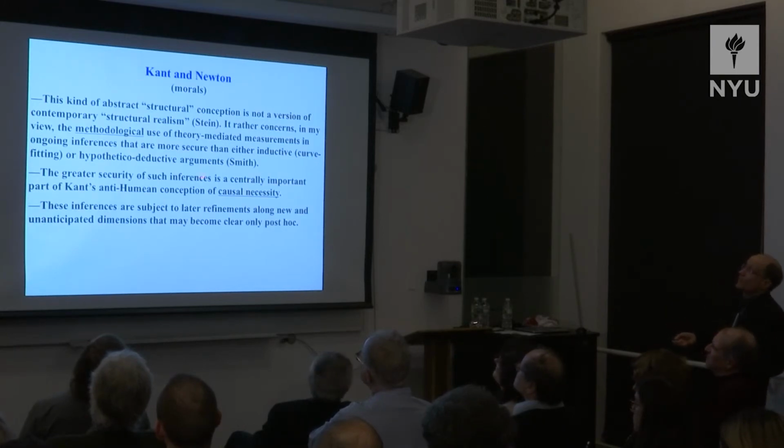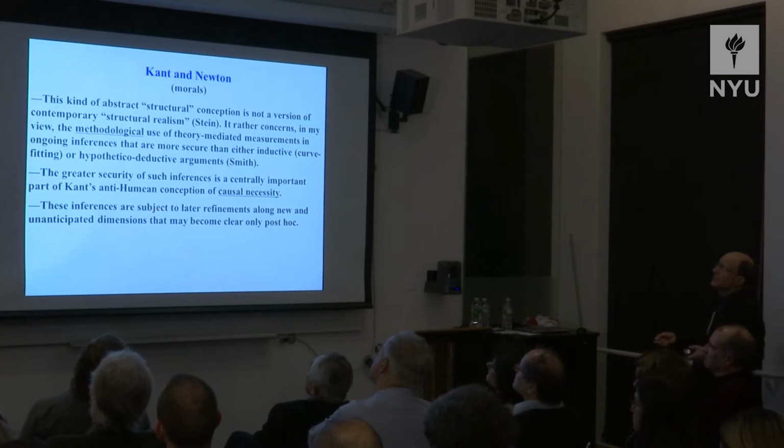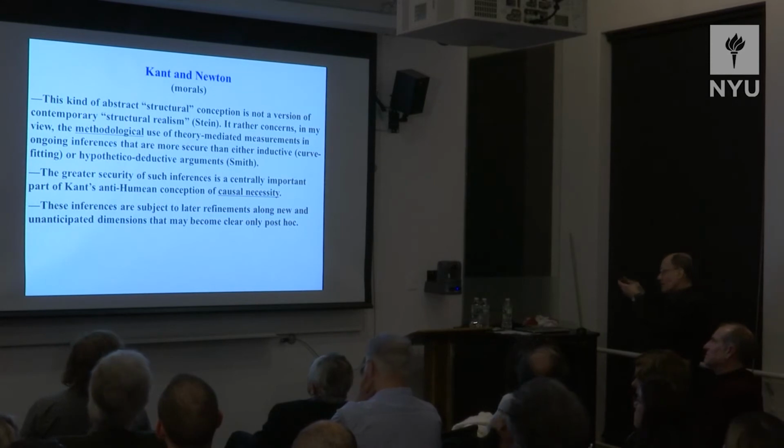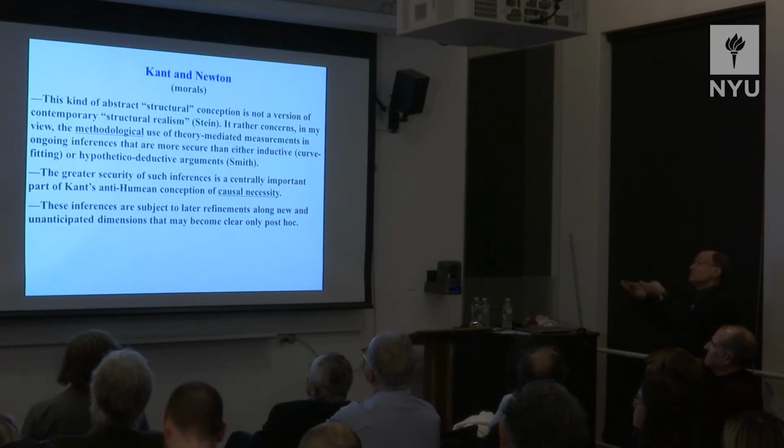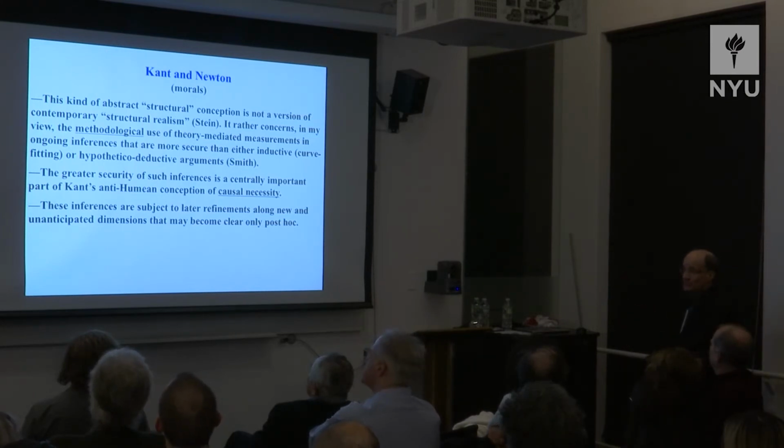I also had these points up, and here the crucial point is that these inferences get their greater security. This is the force of the deduction from the phenomena. It's, of course, not really deduction from the phenomena. Otherwise, from our observations of the planets, we could deduce, first of all, Kepler's laws, and then we could deduce the law of universal gravitation. But you can't deduce Kepler's laws because they actually aren't exactly true in the phenomena, because there are perturbations.